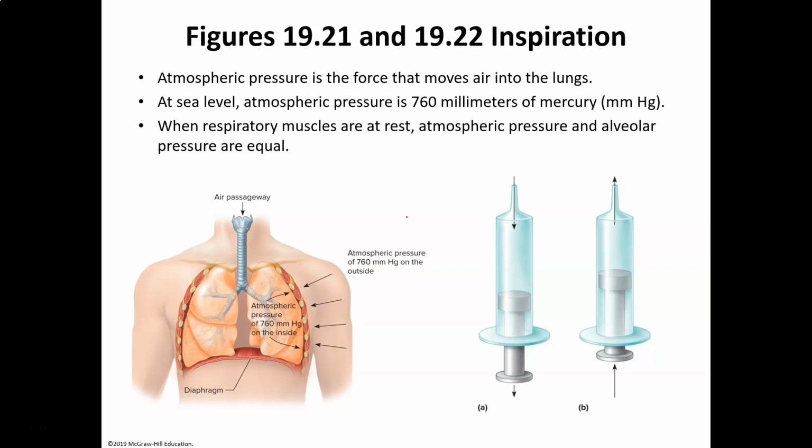So barometric pressure, or what's known as atmospheric pressure, at sea level. Now we're not quite at sea level here, but at sea level it's 760 millimeters of mercury. What does that mean? That means that a column of air, the air itself, is putting pressure on you. You don't feel it because it's there all the time. That pressure is equal to 760 millimeters of mercury.